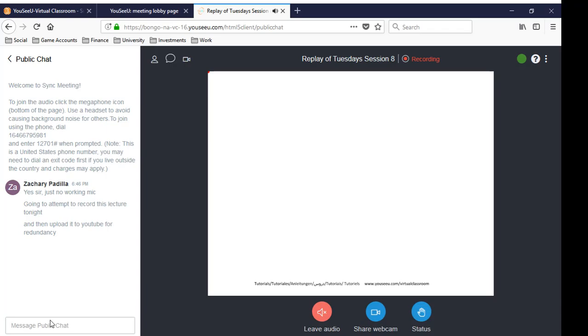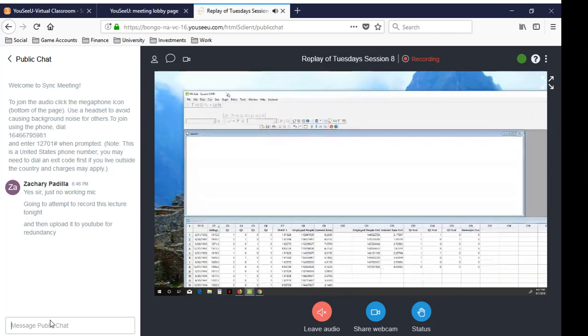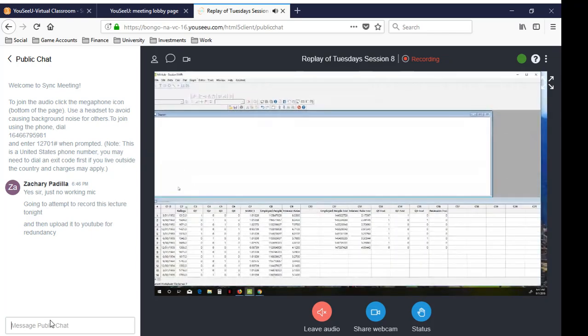So let's see if we can run through a few things that we needed to cover. I'm going to share a screen with you. And you can see that we have Kellogg's revenue. Let me go ahead and put the date in on that column heading. Not the state, but the date.